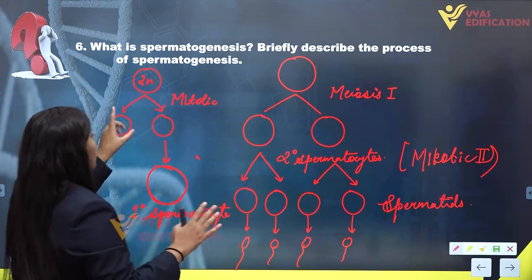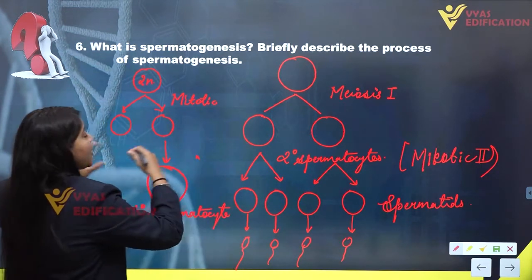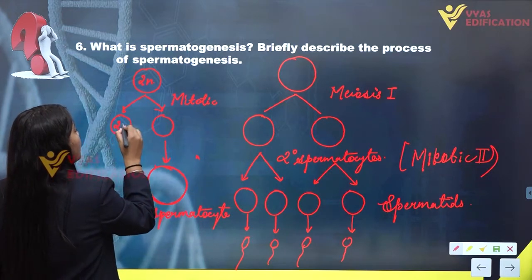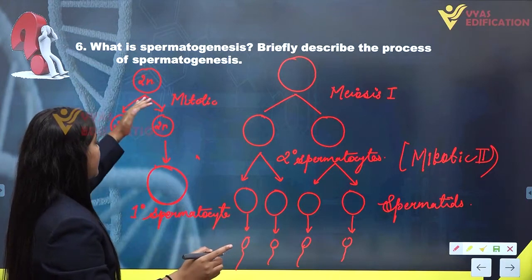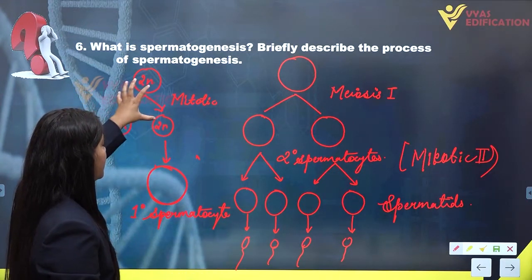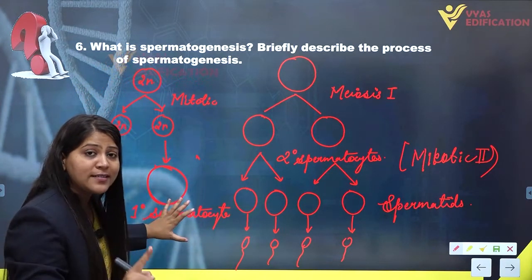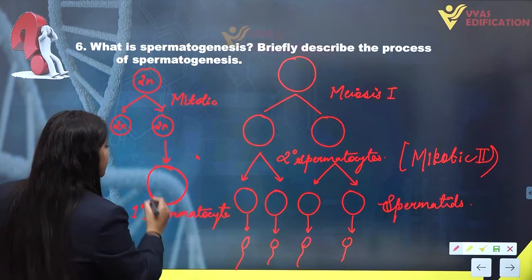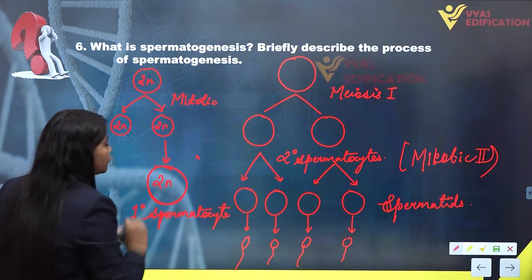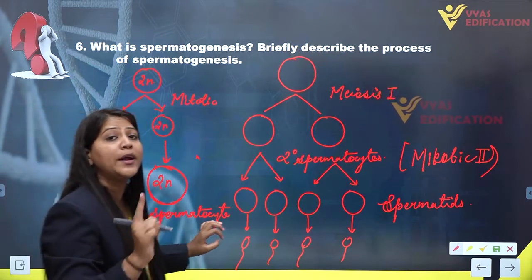So the spermatogonia which are increased in number will always be 2N. All these are 2N. As you can see, no reduction division is occurring from here to here. So the primary spermatocytes are also always 2N, diploid cells.